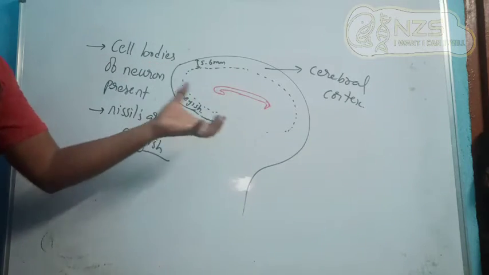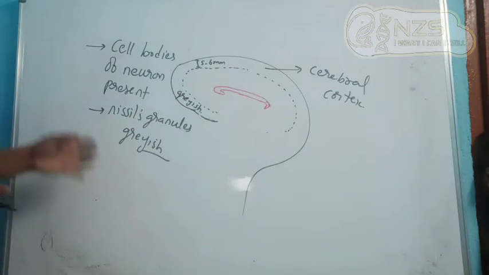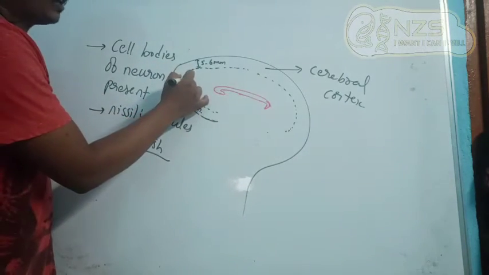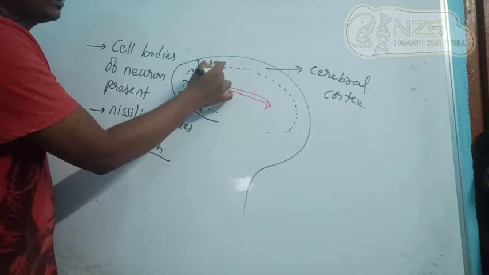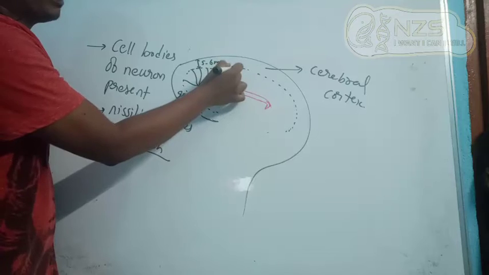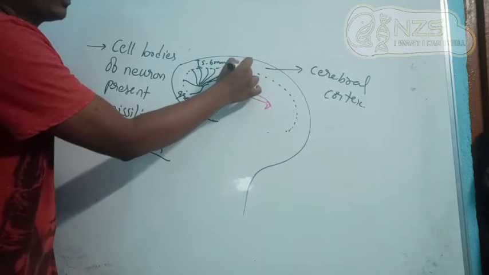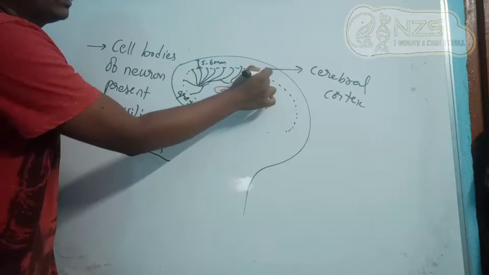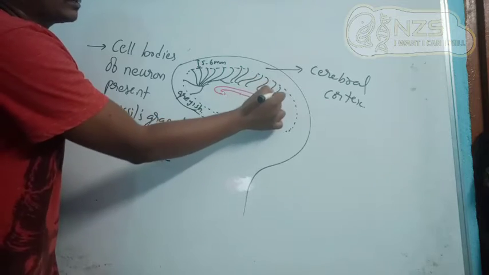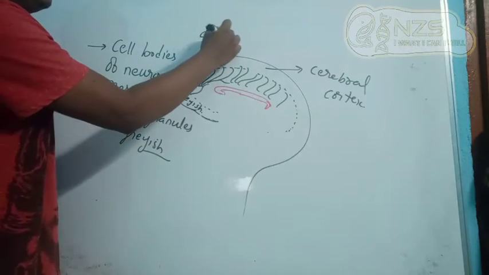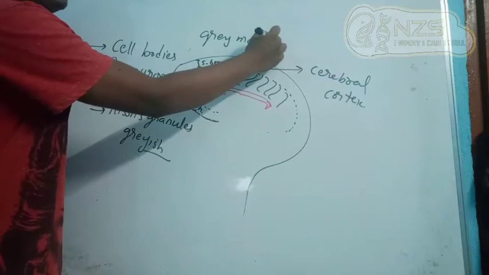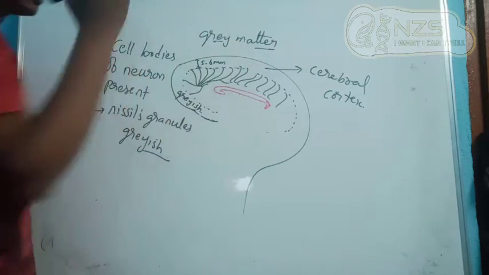Now from this cerebral cortex we have the next part which is called the basal ganglia. All the axons, or nerve fibers, from the cerebral cortex will come down forming the white matter. So basically the cerebral cortex can also be considered as the grey matter because it is grey in color.